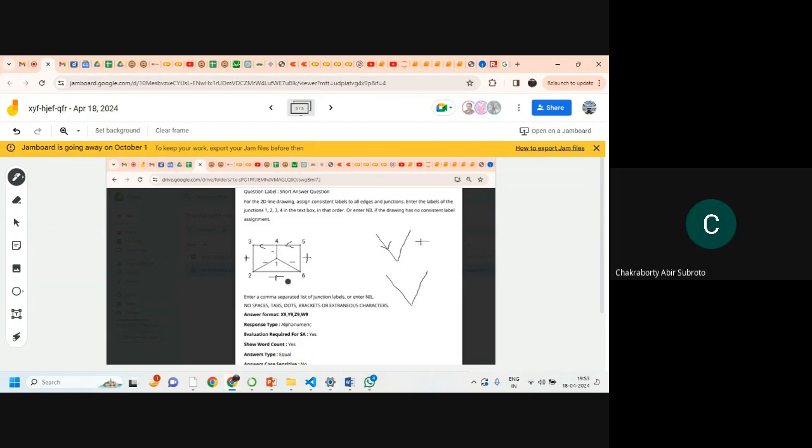So 5 is L6, and this is L5, and this is L6. So we have found a solution. Wherever there is a T, things can become slightly easy for us. Understood? Okay, so we go to the next question.